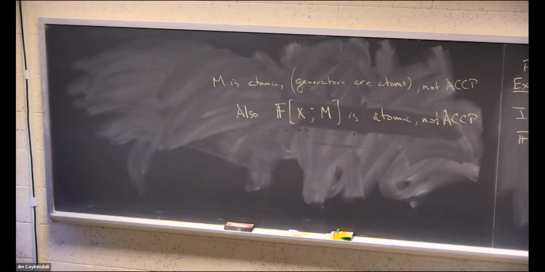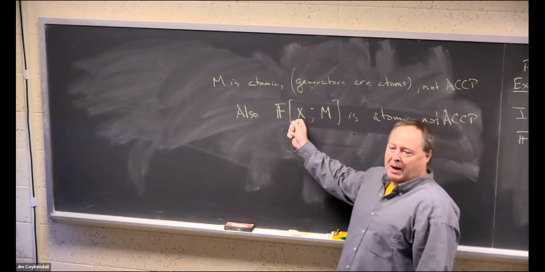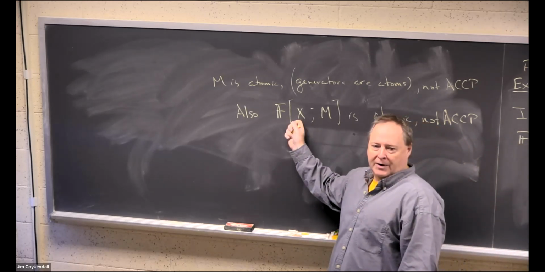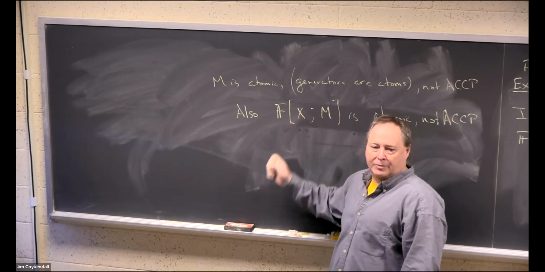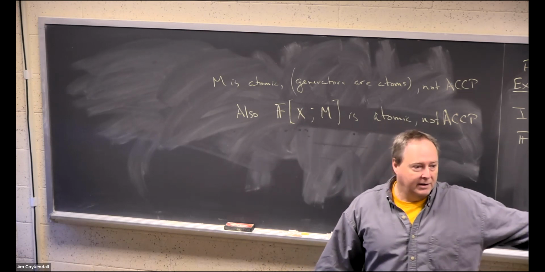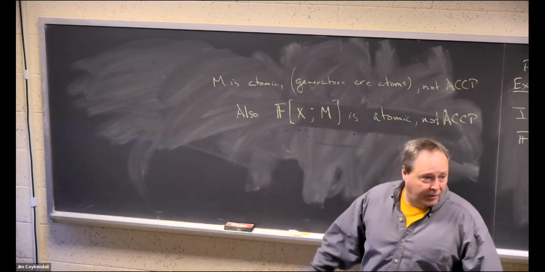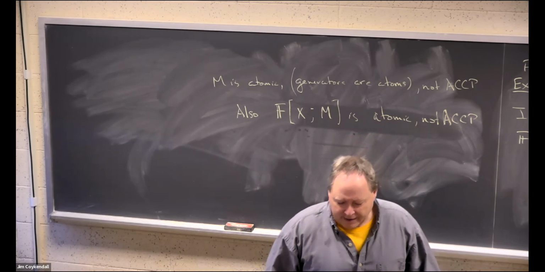But if you take this monoid as the possible exponent, so again, this construction, what this looks like is polynomials with the variable x, except it's more general because now I'm allowing the exponents to be taken from this crazy monoid. And it turns out this thing is also atomic, but it's not ACCP.